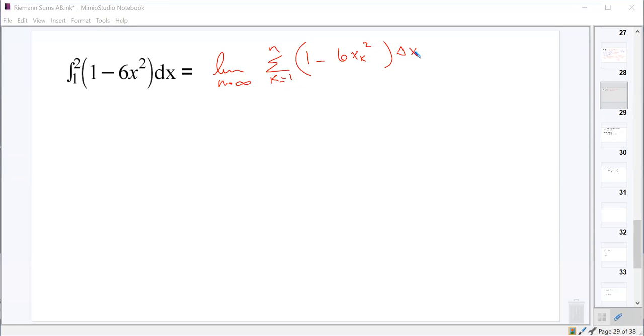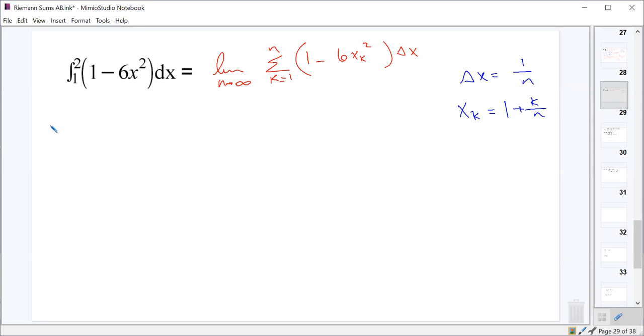And then we need to figure out what delta x is and what x sub k is. So what's delta x? 1 over n, right? 2 minus 1 over n. And what's x sub k? 1 plus k over n, exactly.